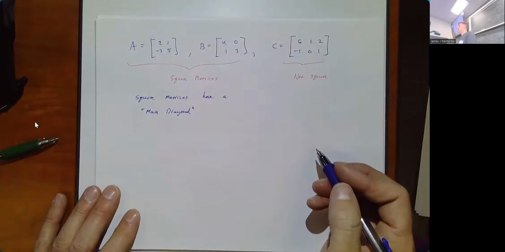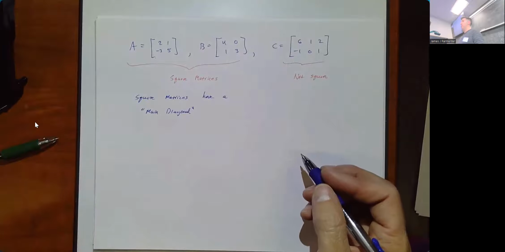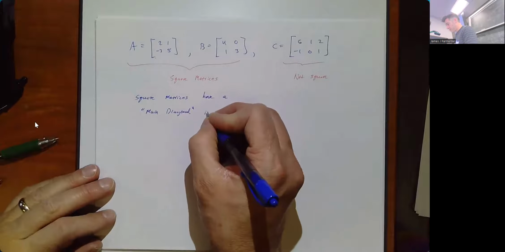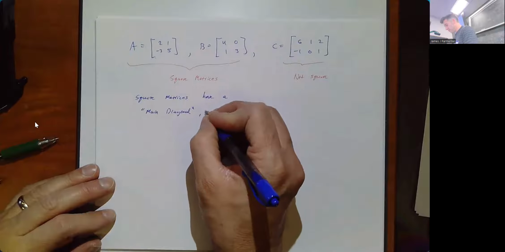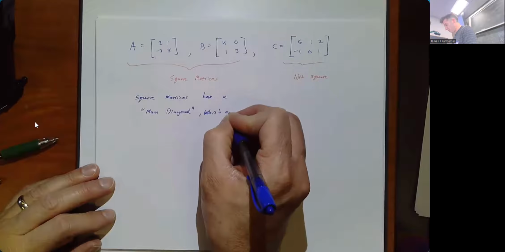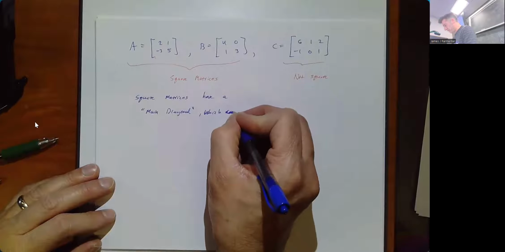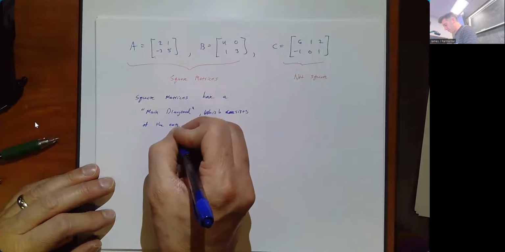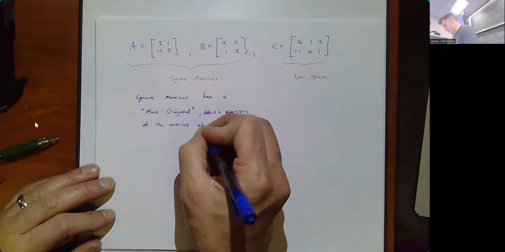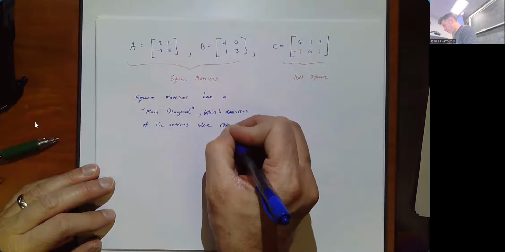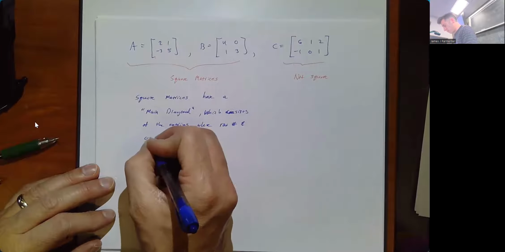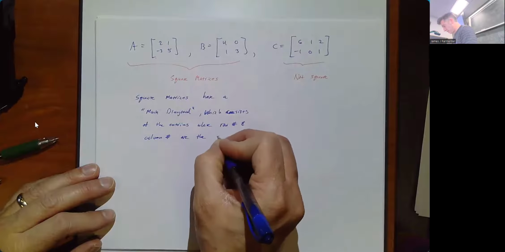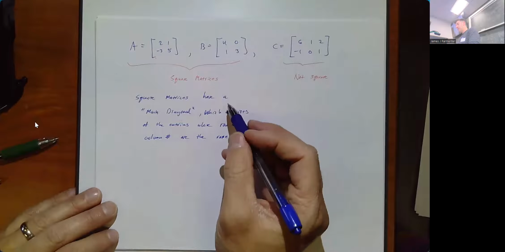It's literally just all the entries where the row number and the column number are the same, which consists of the entries where the row number and column number are the same. Sorry, my words here are not the best.